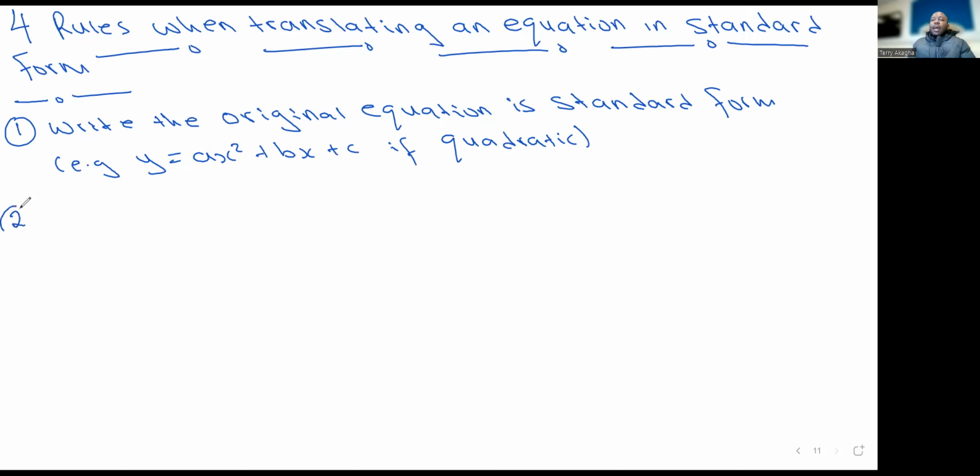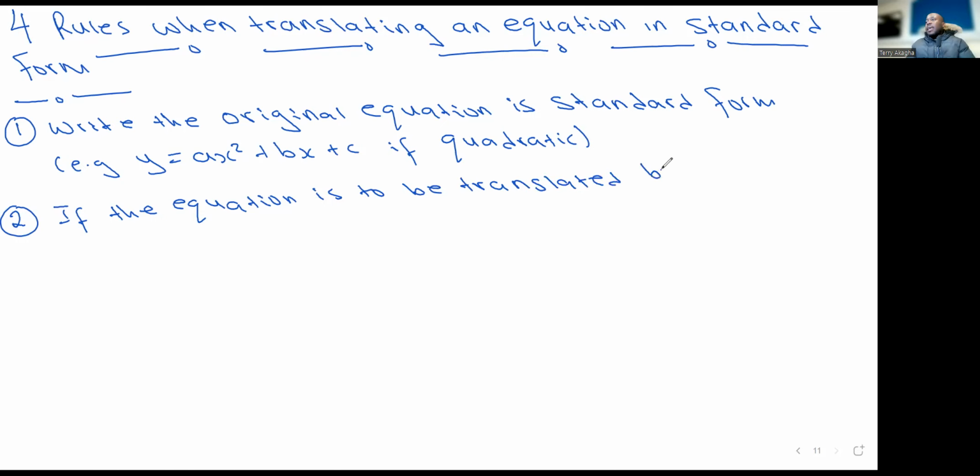Then the next thing, if the equation is to be translated by (a, b), a is for the changes in the x, b is the changes in the y. And like I told you, a can be positive or negative, b can be positive or negative, so it could be any form.